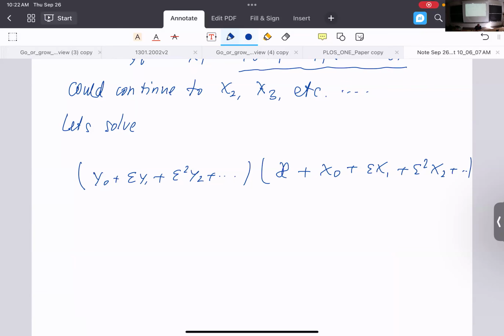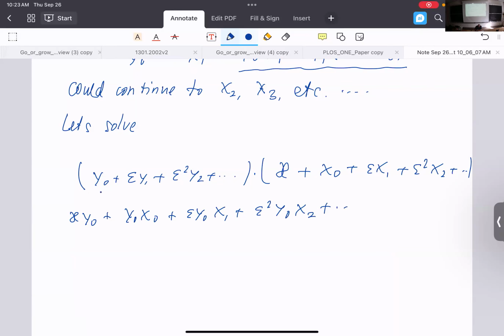And it depends how many of these you want to do. And now we multiply this out. Okay, so we get kappa y0 plus y0 x0 plus epsilon y0 x1 plus epsilon square y0 x2.